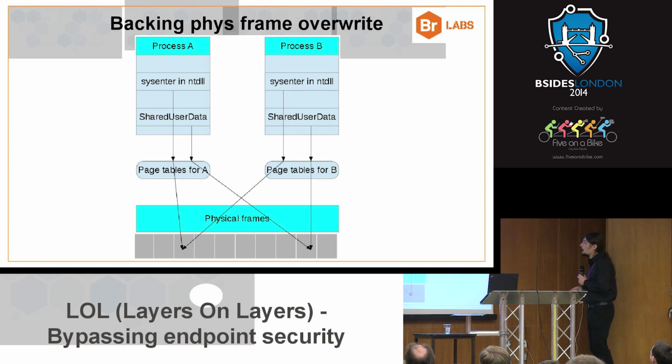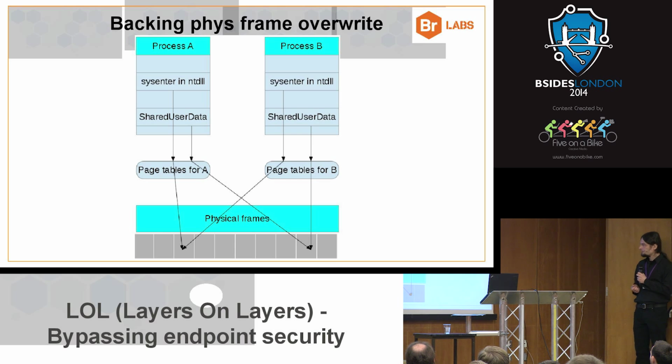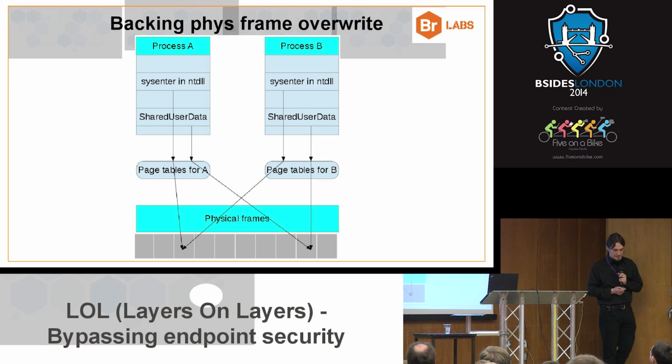So what works? The thing that actually works is direct write to the memory of the user mode process, which can be dubbed backing physical frame override. So how does it work? It is based on the fact that all decent operating systems implement memory sharing.